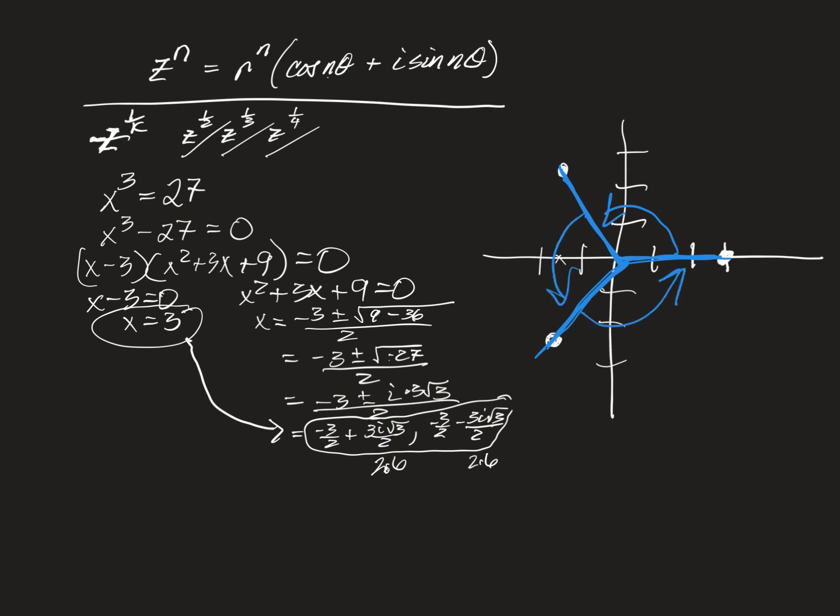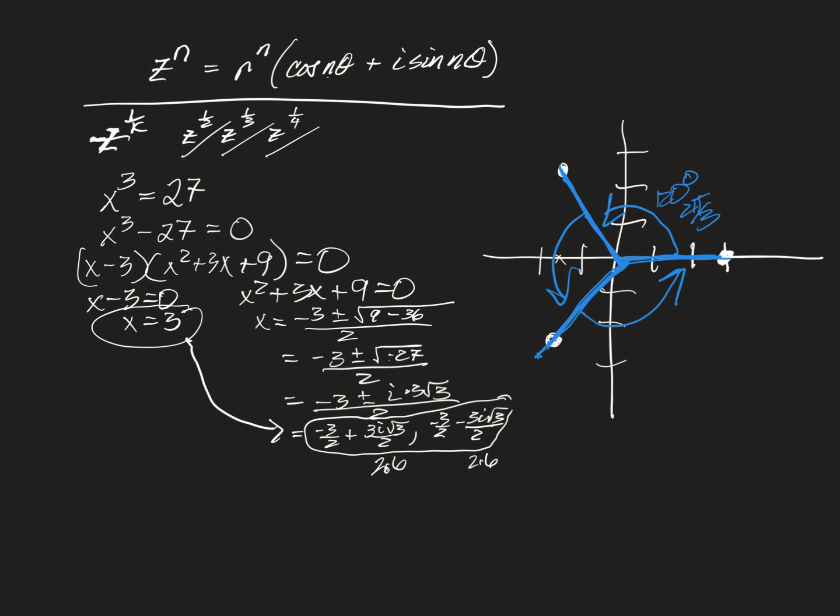In other words, the angle is 120 degrees, or in radians, 2 pi over 3, and you're moving 120 degrees each time, so this will be 240, or 4 pi over 3, all right? And that is a very interesting characteristic of these roots when you graph them on the complex plane: they have a symmetry.